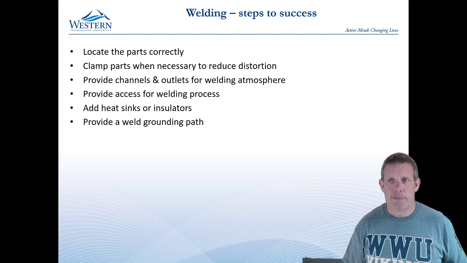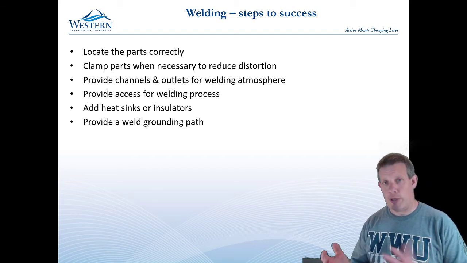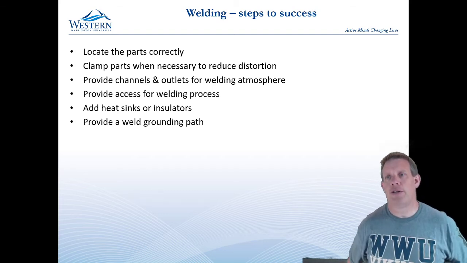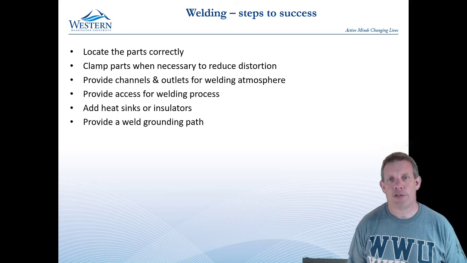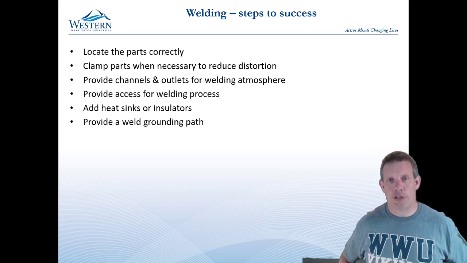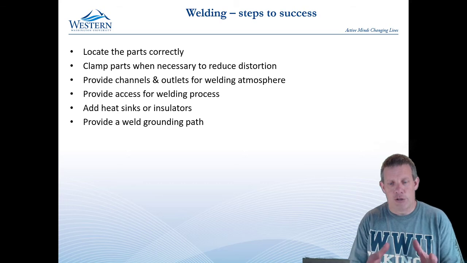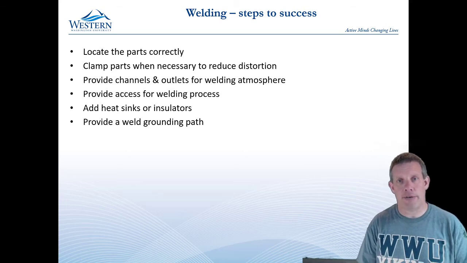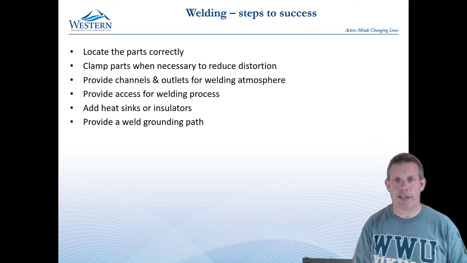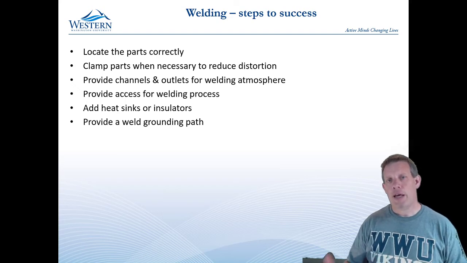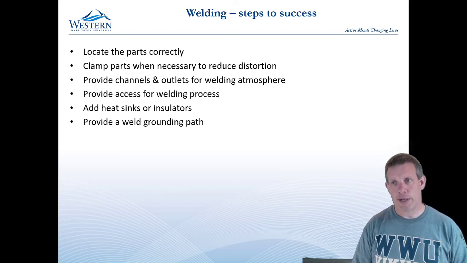So we need to locate the parts correctly. We have to clamp them while they're loose into the right location. We have to have ways for the welding atmosphere to get out, so we can't have it closed up and building up gas inside of it. We need to be able to vent that both for operator safety and also for the weld to work well.